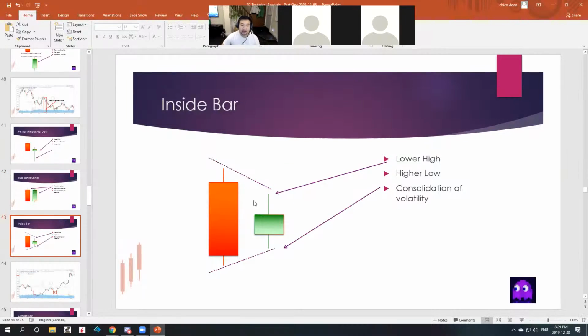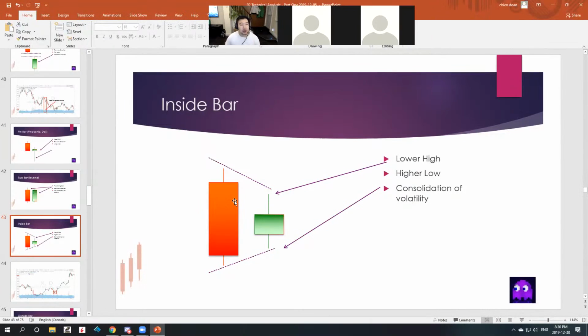Your inside bar is kind of like the opposite of the key eclipse candlestick patterns. Inside bar just represents consolidation of volatility, meaning that instead of wild price swings, the price swings are narrowing, right? And that's where we have the consolidation in volatility.